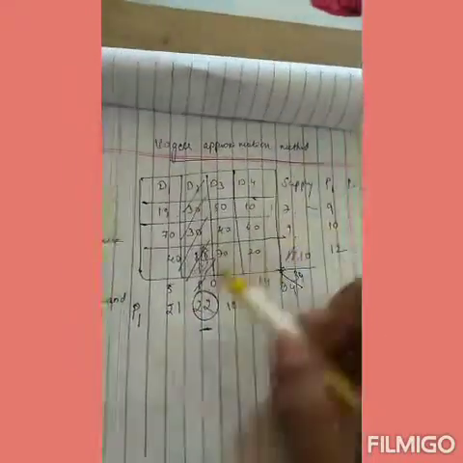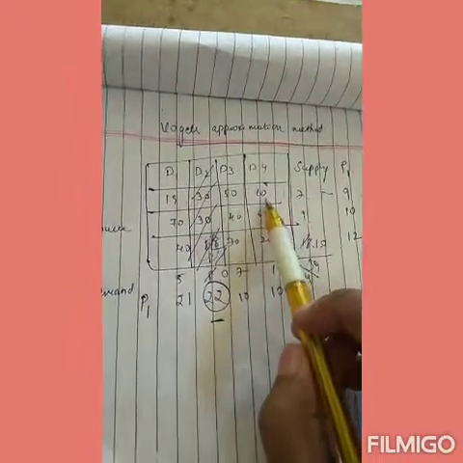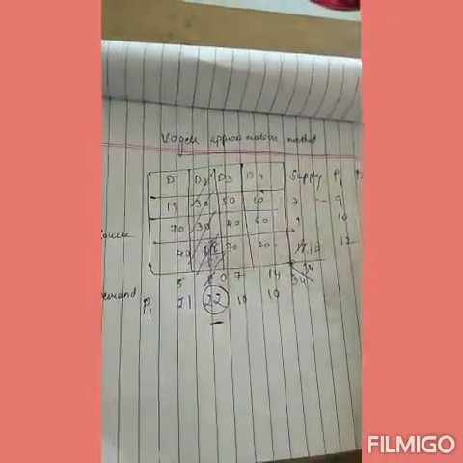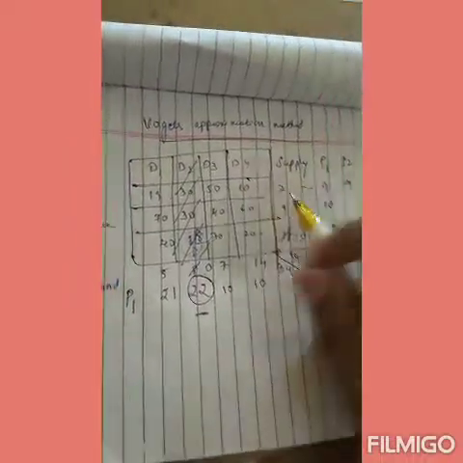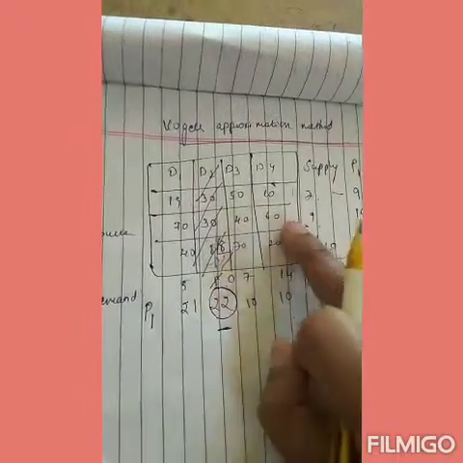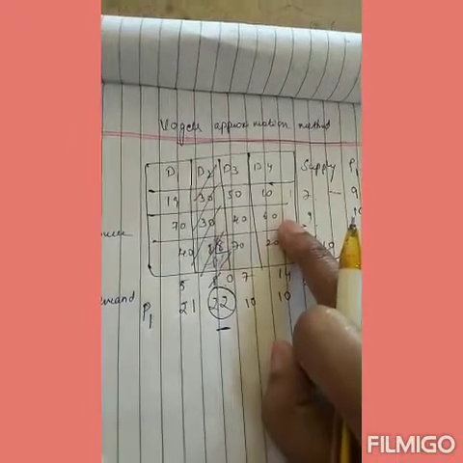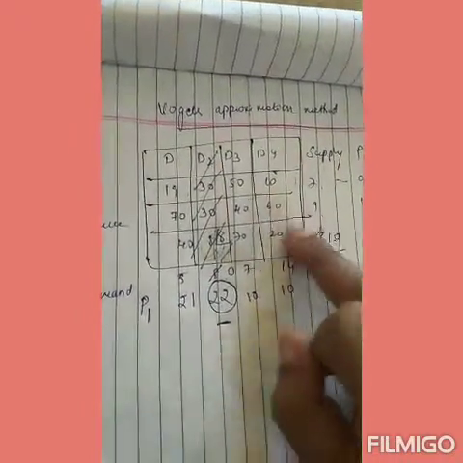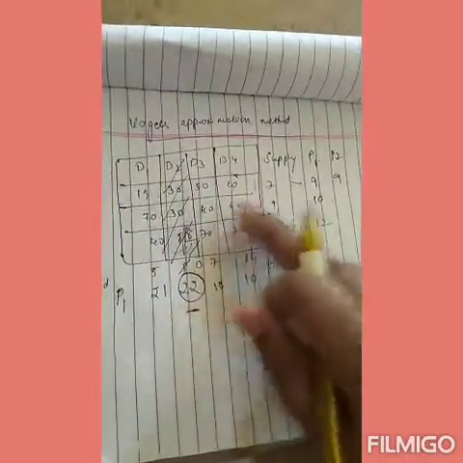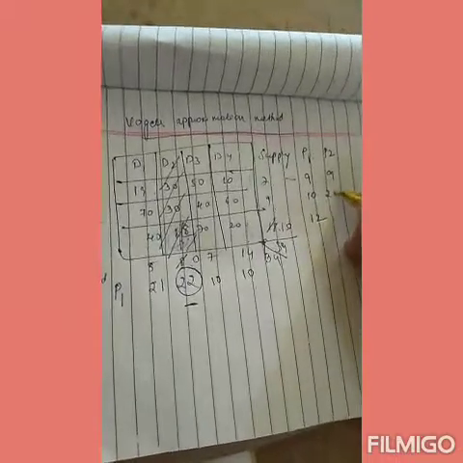For penalty 2, same. First minimum is 10, second minimum 19, so 19 minus 10, 9. Next, first minimum 40, second minimum 60. So 60 minus 40, 20.